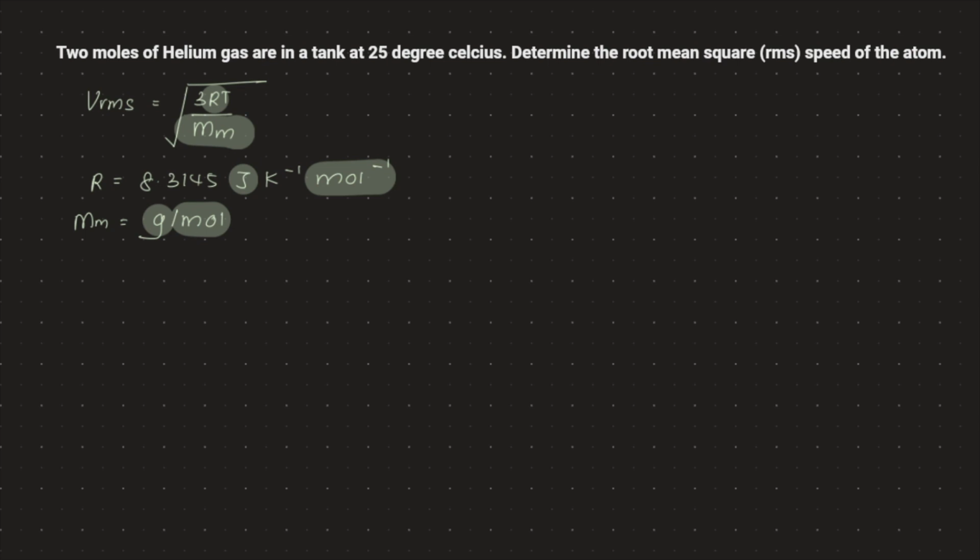So what we are going to do now is convert this joule into another unit. Bear in mind that joule, the SI unit for energy, is also equivalent to kilogram meter square per second squared, right?